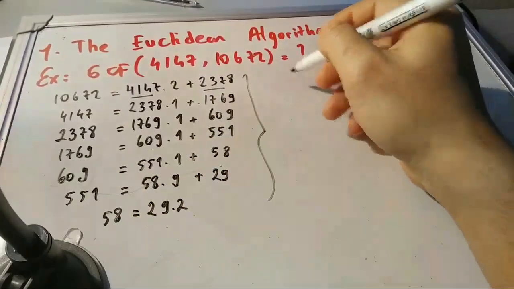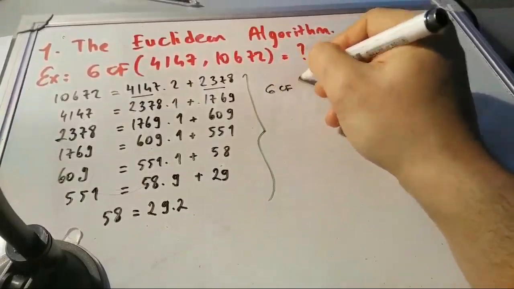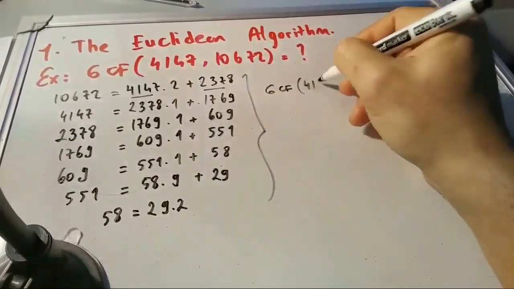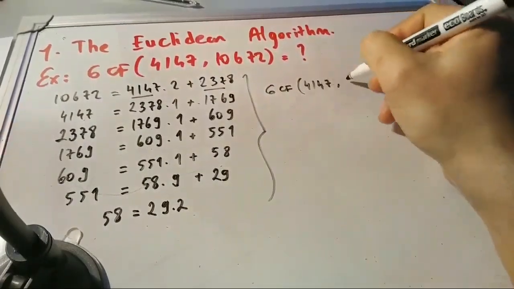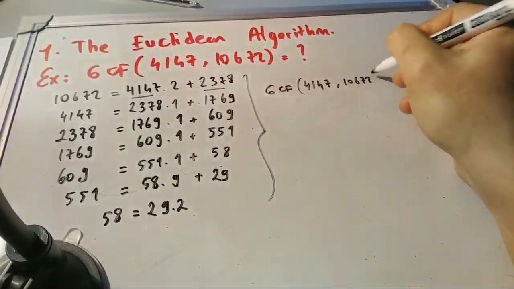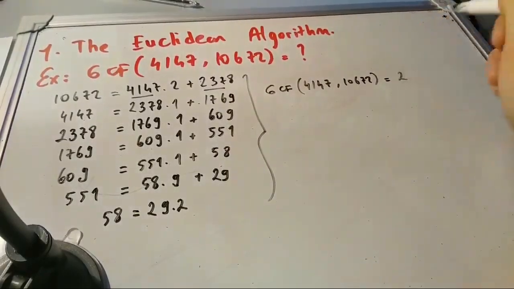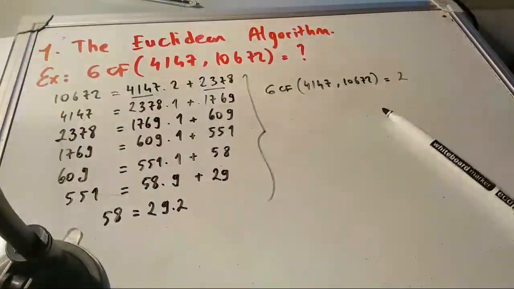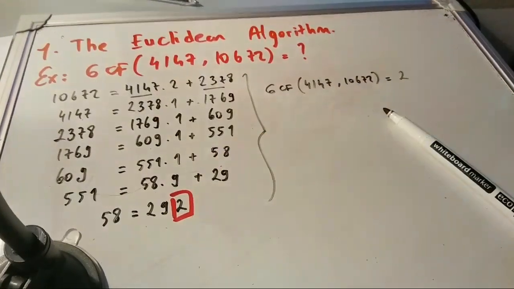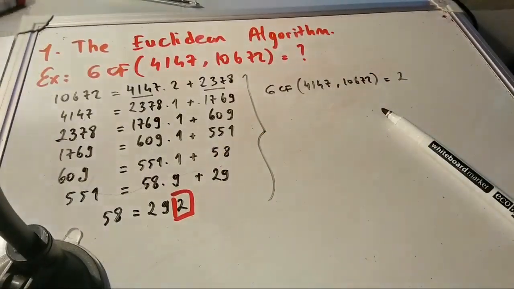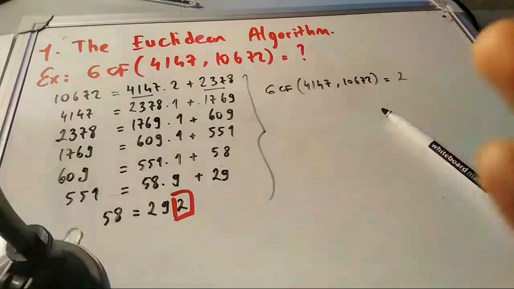By the way, we can say the greatest common factor of 4147 and 10,672 is equal to 2. We will take here the last quotient. The last quotient is 2. Okay. Are you aware of that or not?